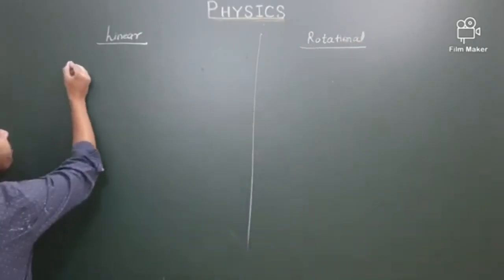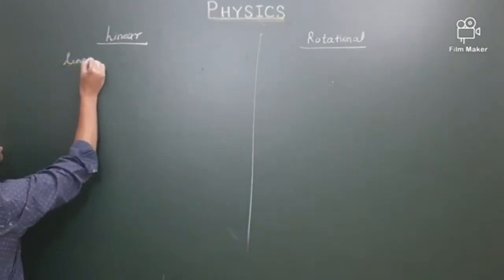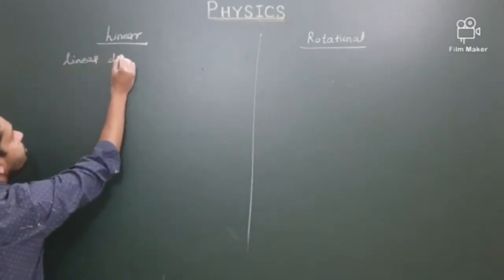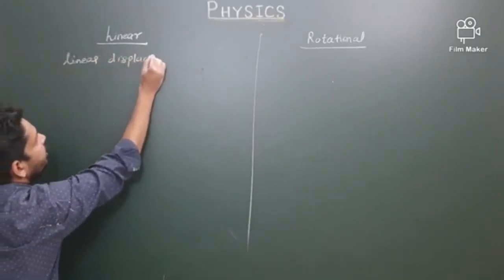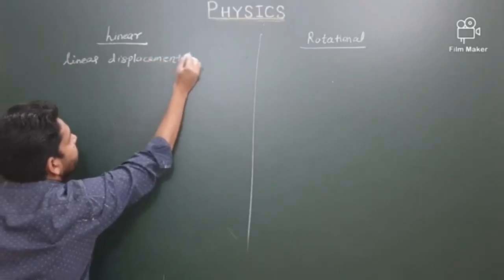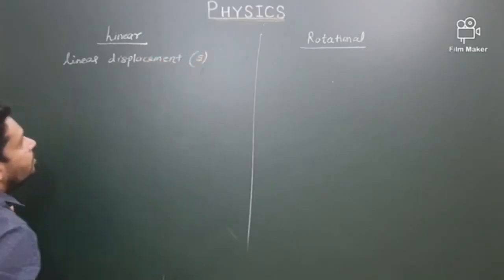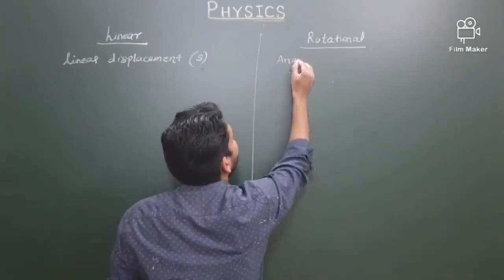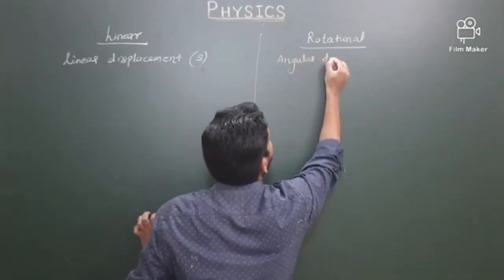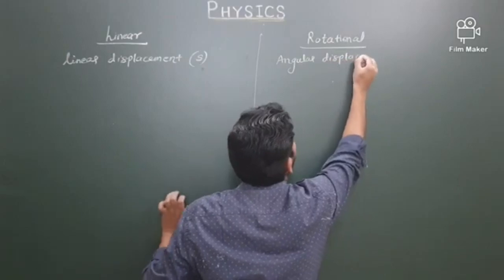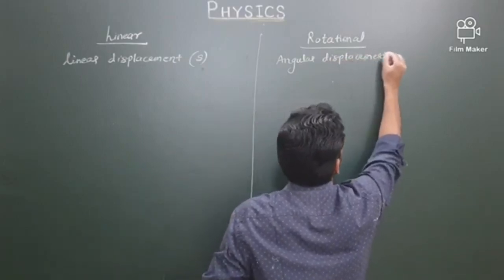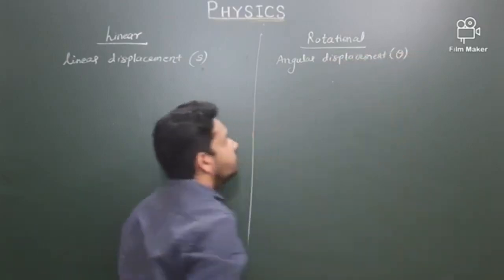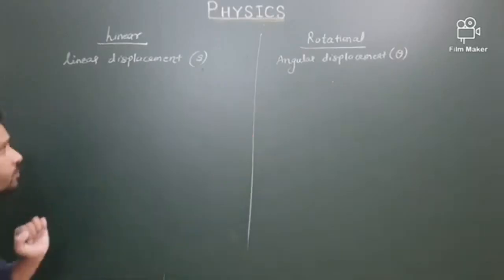ठीक है. बघा, linear motion has linear displacement which is s. Rotational motion or circular motion has angular displacement which is theta. कळतंय? Analogous terms.